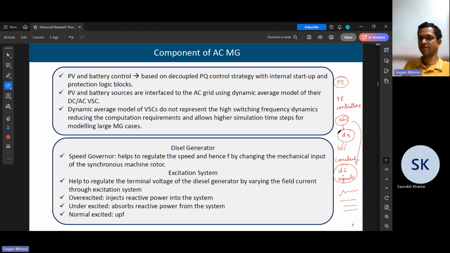That's why we change the frame of reference to get DC signals on which we can use our existing control theory. So here we are talking about the decoupled PQ control strategy, one for D axis, one for Q axis. Using D we can control the active power, using Q we can control the reactive power.